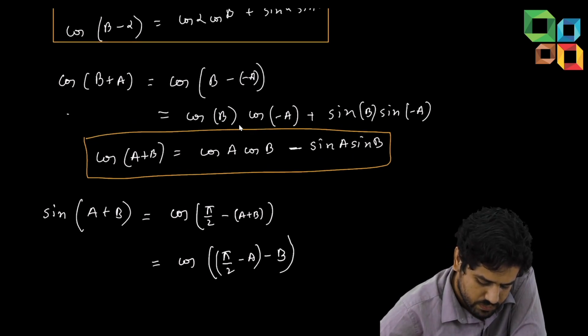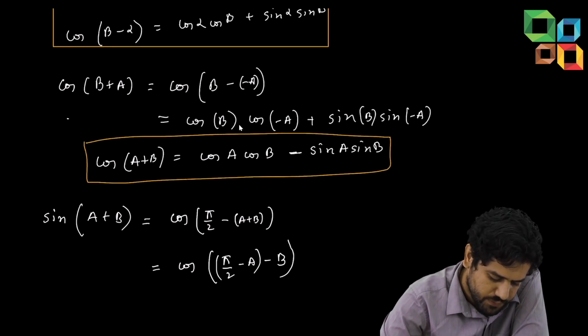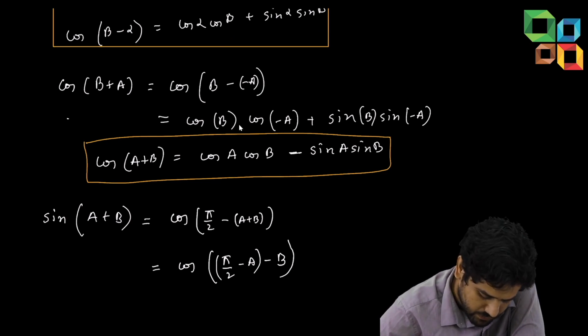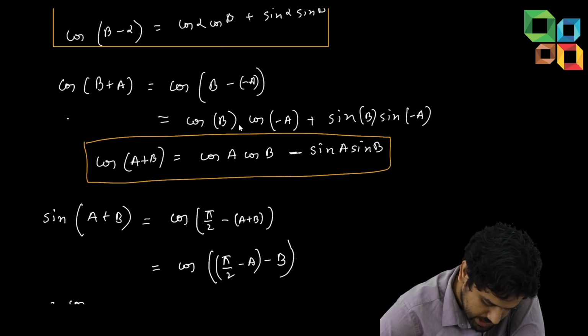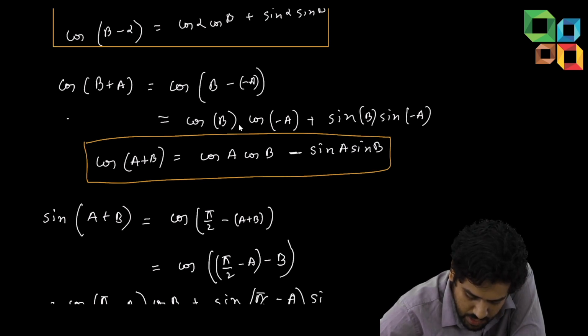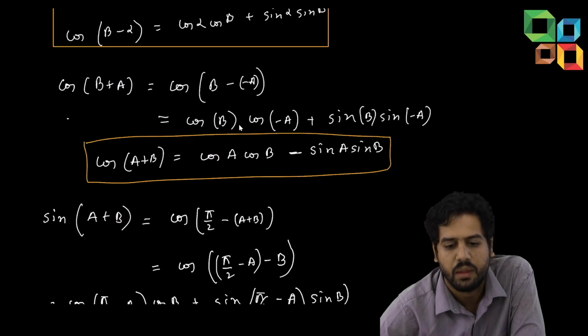Okay, so cos of beta minus alpha we saw was cos alpha cos beta plus sin alpha sin beta. So this will be cos of pi by 2 minus A times cos B plus sin of pi by 2 minus A times sin B, right?